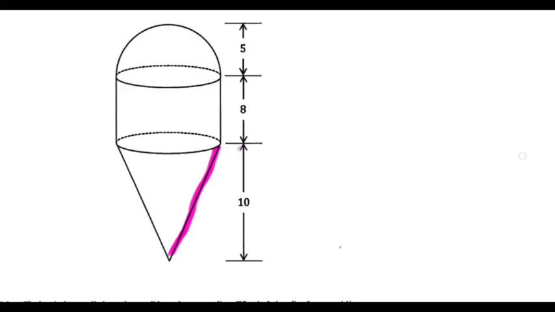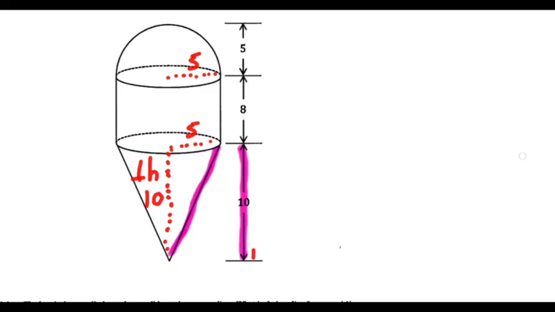This is the length of the cone, which means the radius is 5, all over the radius is 5. And this is the perpendicular height, which means we got 10.